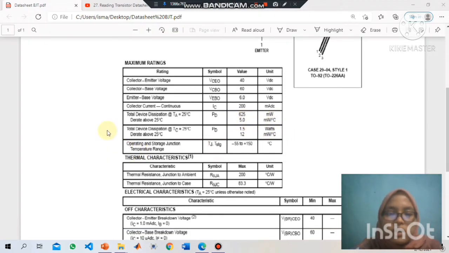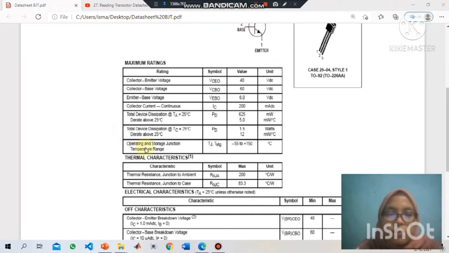The next one is the total device dissipation for TC equal to 25 degrees Celsius. The first one is for TA and the second one is for TC. So the total power dissipation is 1.5 watts. If this component is derated above 25 degrees Celsius, we will have to derate the power dissipation by 12 milliwatt for every degree Celsius.